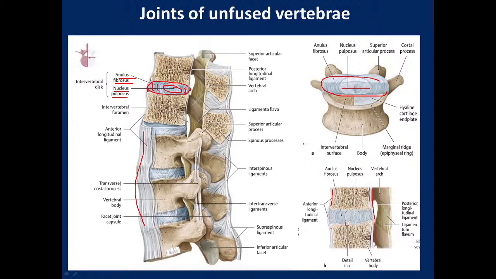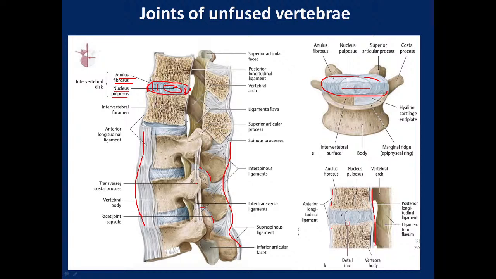We also could find some ligaments on the surface of the posterior or spinous processes of the vertebral column, between transverse processes, and this is an important part of the joints of unfused vertebrae. These are called the epiphyseal articulations, or joints.